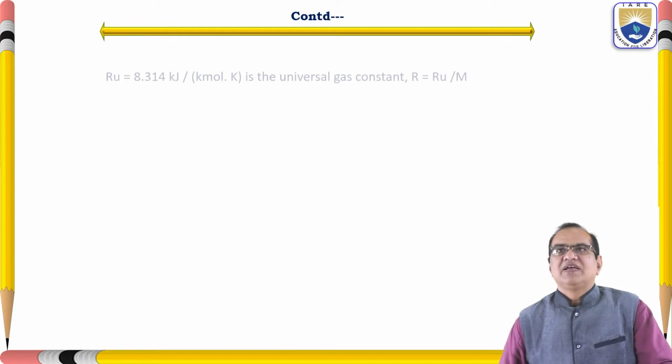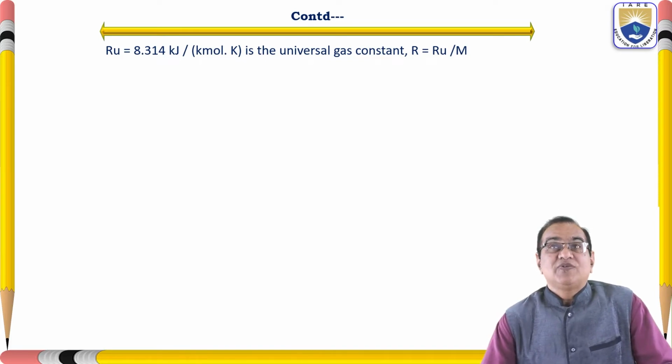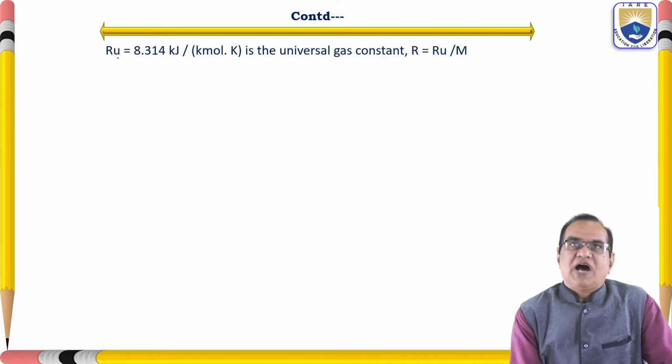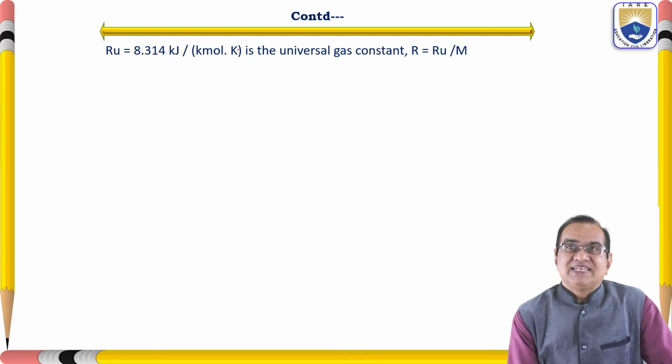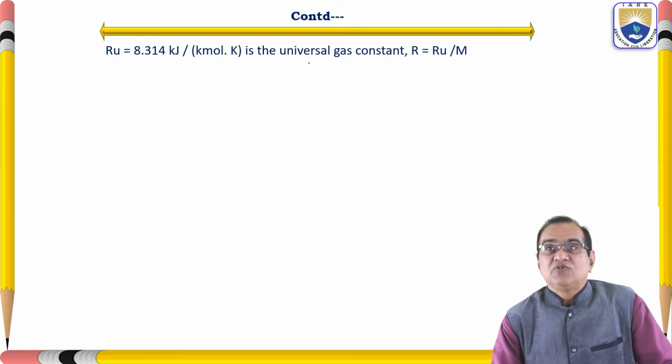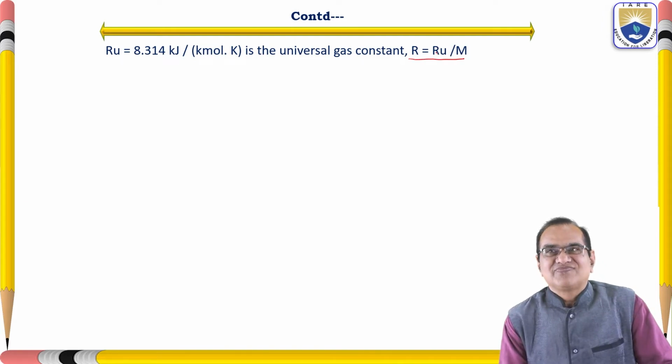Now I will give some values. So Ru is the universal gas constant and this is the same for all. Ru is equal to 8.314 kilojoule per kilomole per Kelvin. So R, the gas constant, is equal to Ru by M. We have to be very careful that R is not Ru.